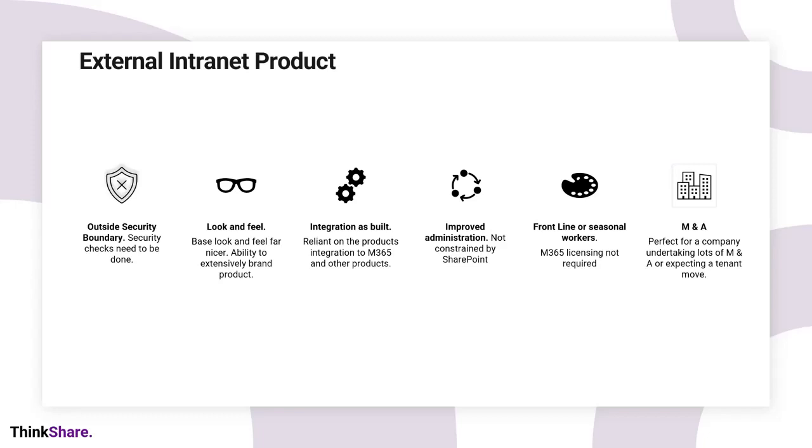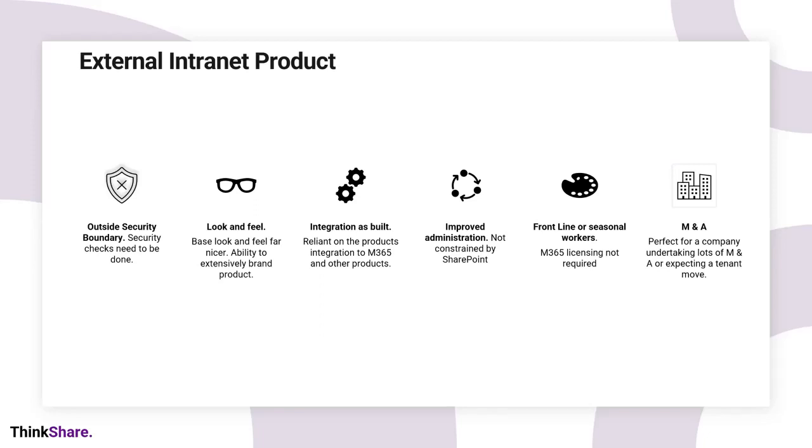One of the last two points here, to do with frontline workers and mergers and acquisitions, are some of the biggest points when you're considering an external intranet product. For frontline or seasonal workers, if you've got SharePoint out of the box or you're using an intranet product on top of SharePoint, you will need to license them for Microsoft 365.